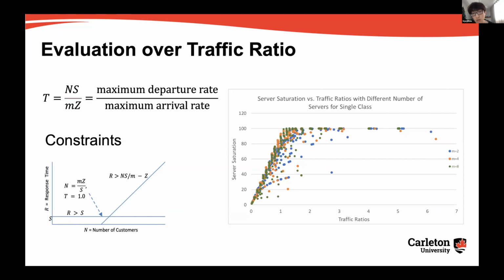For 3 cases, 2 servers, 4 servers, and 8 servers, all of them reach nearly 80% saturation when t is 1. This helps us to define the system congestion level for different values of t. A good thing about using t is you don't need to know the solution of the model and can still set the values of t for the experiments.